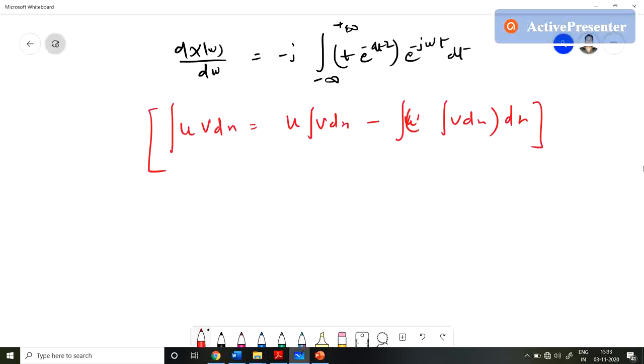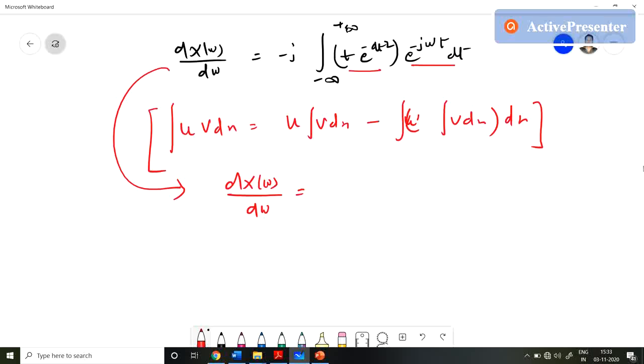This is the integration by parts formula, and here we have dX(omega) divided by d omega. Here you have two functions, and we are going to use integration by parts.